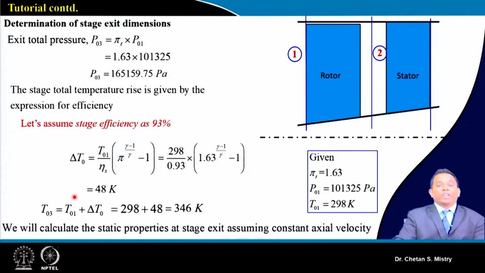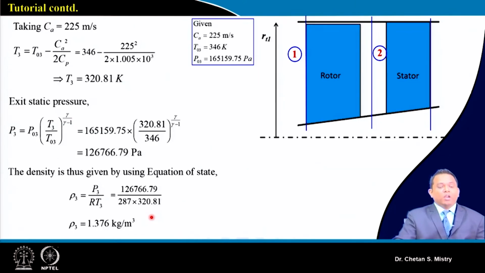T03, which comes to 346 Kelvin. Now that this is known to us, we can calculate the static temperature. Again in this case, we can assume our exit to be axial.